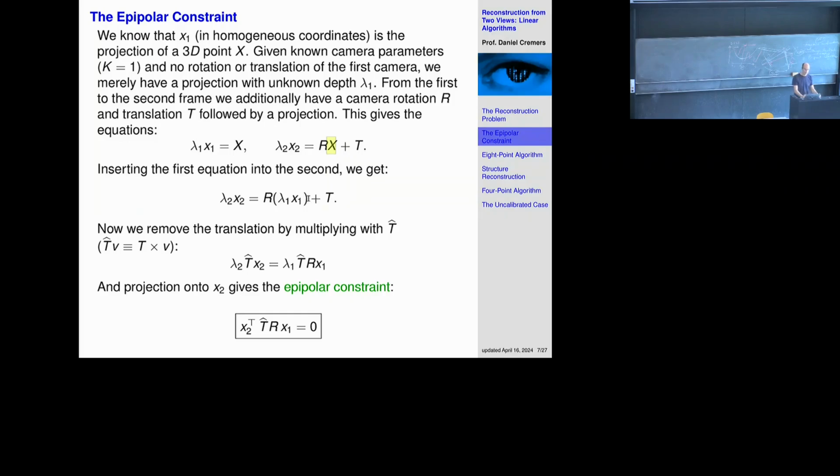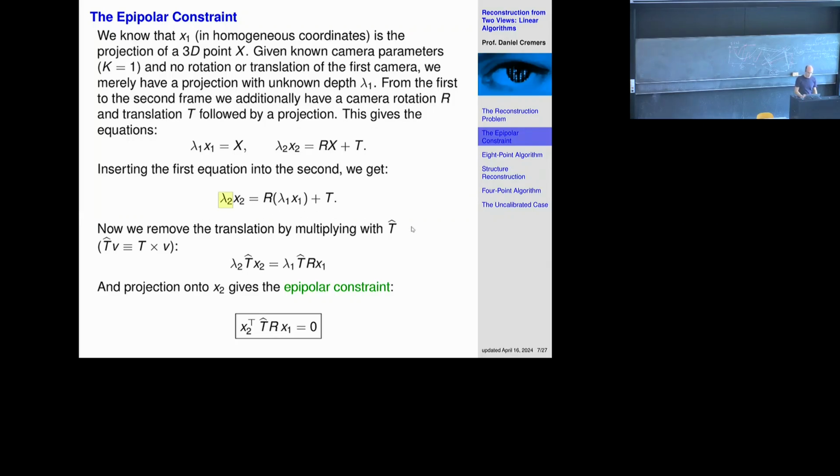And as you can see, in one step we have killed the 3D location X, it is gone. There is no 3D location, but we still have the depth parameters lambda 1 and lambda 2 that kind of contain the 3D information. But now we'll transform again.